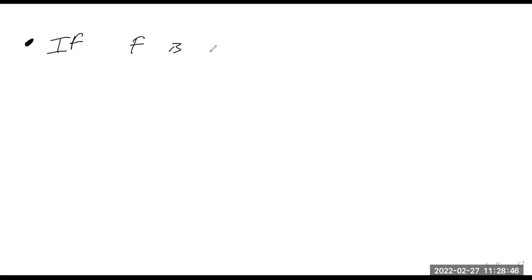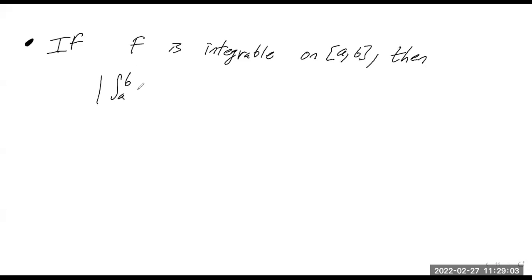So if f is integrable on the closed interval a to b, then the absolute value of the integral is less than or equal to the integral of the absolute value of f.